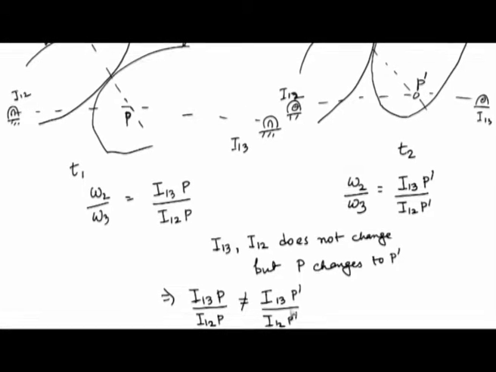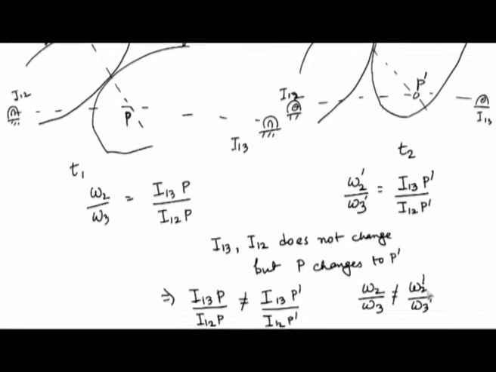These ratios cannot be the same, which means, calling these omega 2 prime and omega 3 prime, omega 2 by omega 3 at the instant T1 is not the same as omega 2 prime by omega 3 prime.